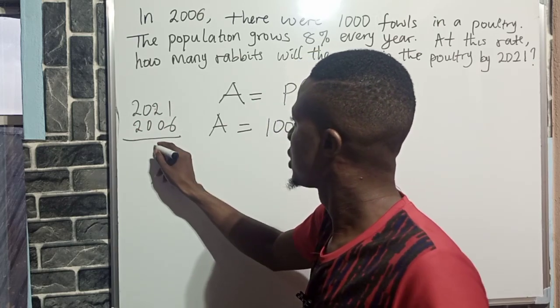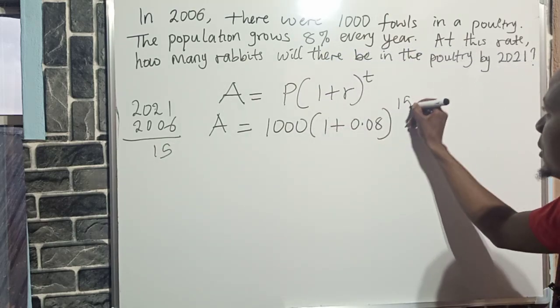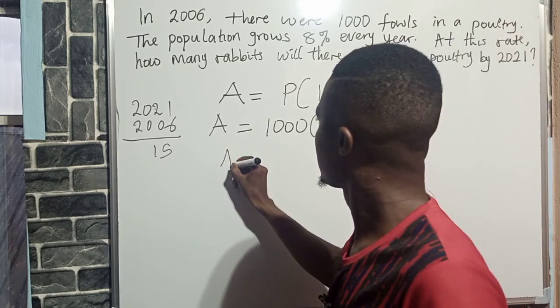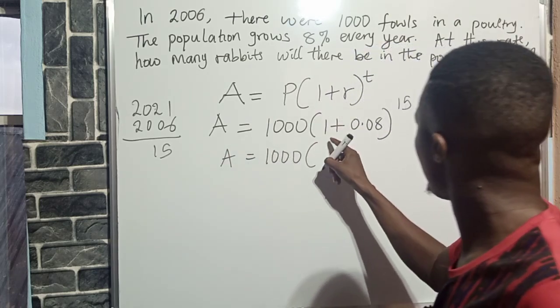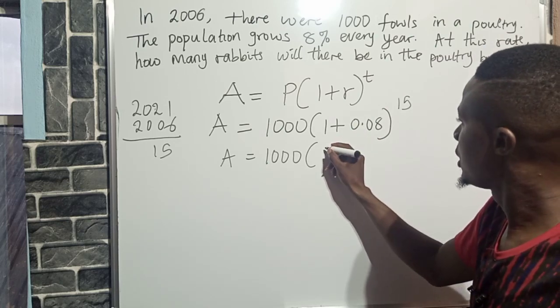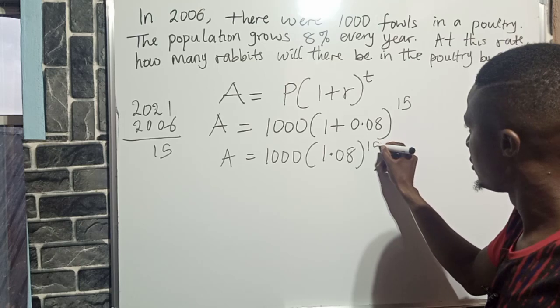When you take this subtraction, you get 15 years. So our time is 15. So our amount becomes 1,000 into 1 plus 0.08, which gives us 1.08, then raised to the power of 15.